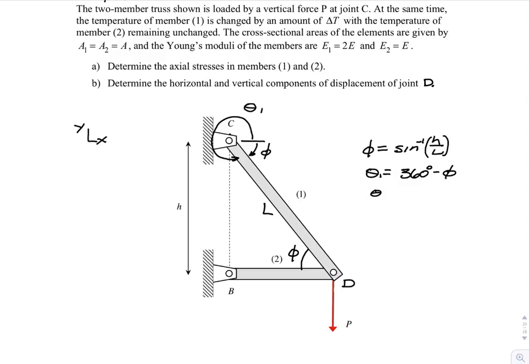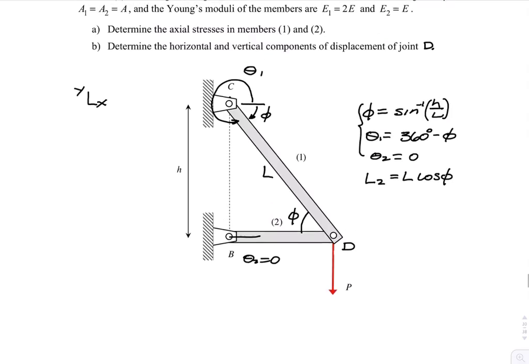Theta 2, again, we measure from the x-axis, counterclockwise sense, at the base, and we see that theta 2 is 0. So also that length 2 is going to be equal to L times cosine of phi. So we have all the information that we need for those three angles that we're going to use, and also to be able to calculate the length of member 2.